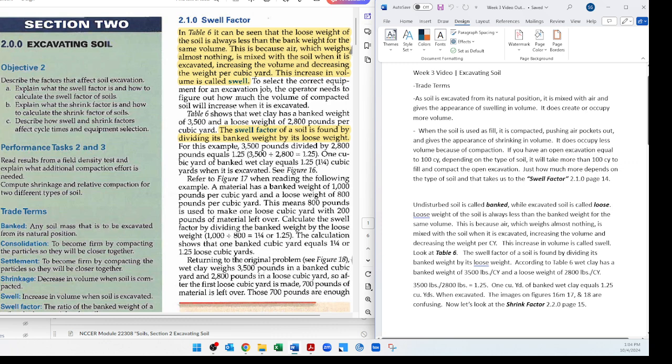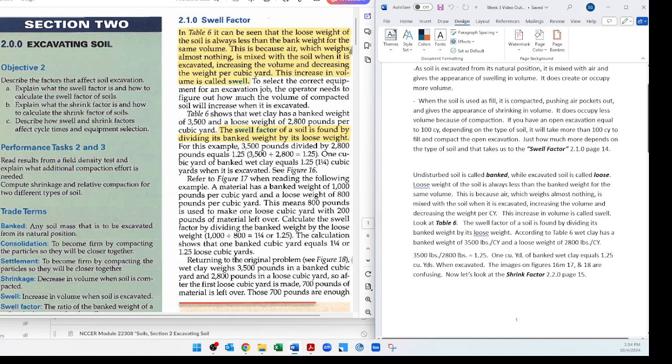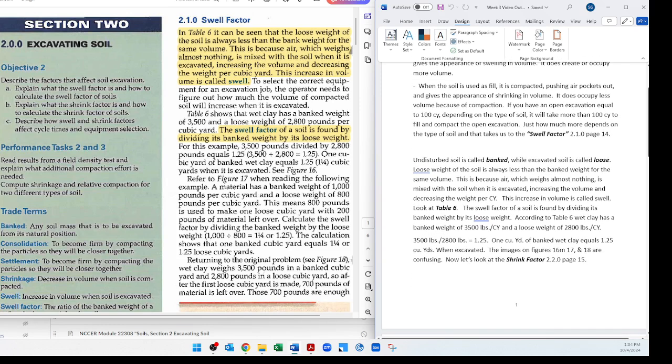If you have an open excavation equal to 100 cubic yards, depending on the type of soil, it will take more than 100 cubic yards to fill and compact the open excavation. Just how much more depends on the type of soil, and that takes us to the swell factor. And that's on 2.1.0, page 14.